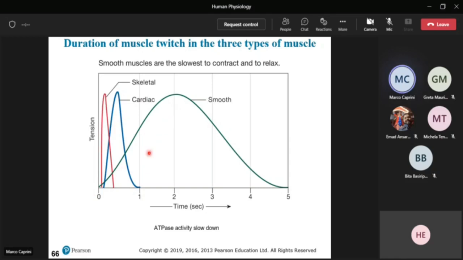They have the ability to slow down their myosin ATPase activity so that the cross-bridge cycles slowly, and they can maintain their force for a long time.